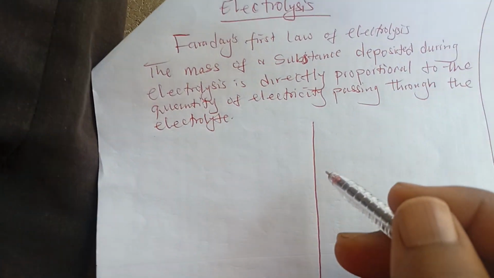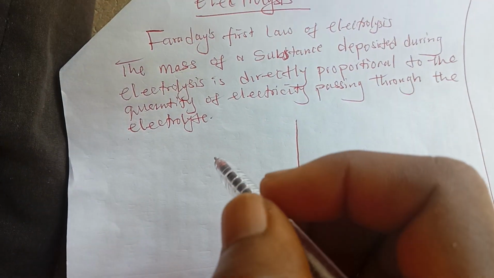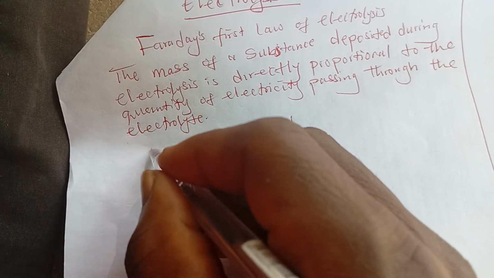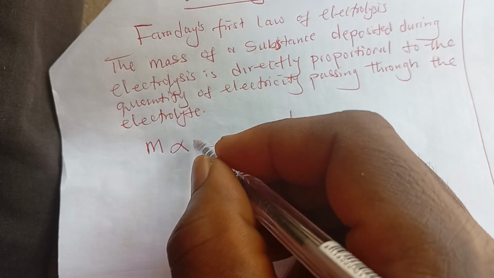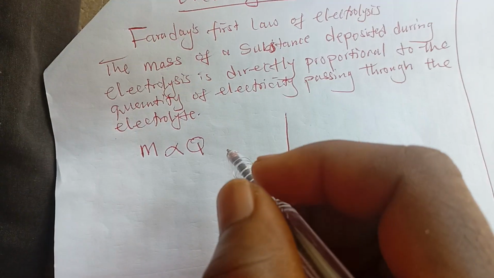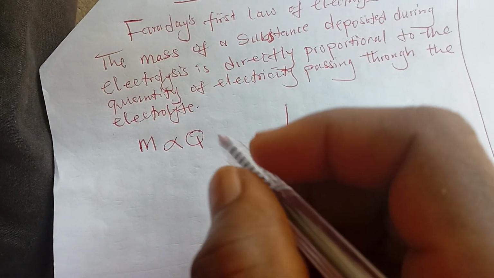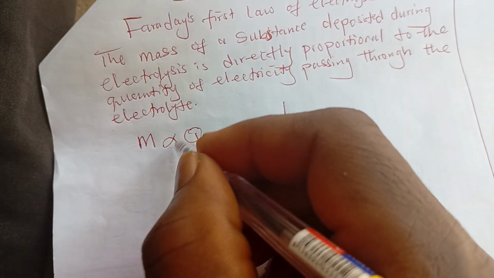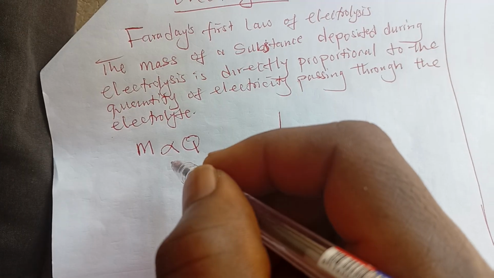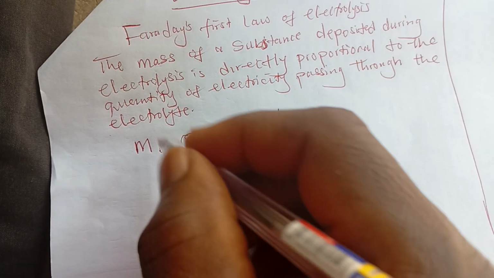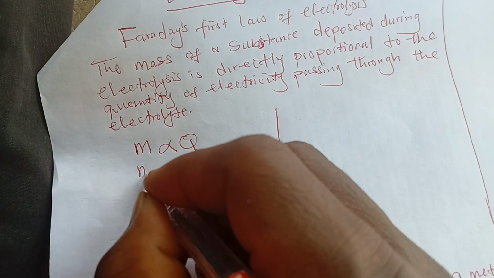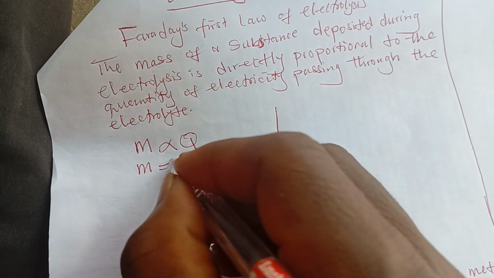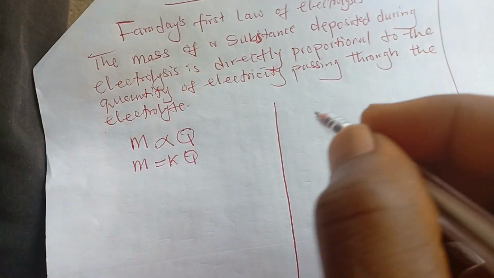Now, mathematically, the mass of a substance is directly proportional to the quantity of electricity. For us to remove the proportionality, we have to introduce a constant and an equality sign. Here, m will now be equal to KQ.